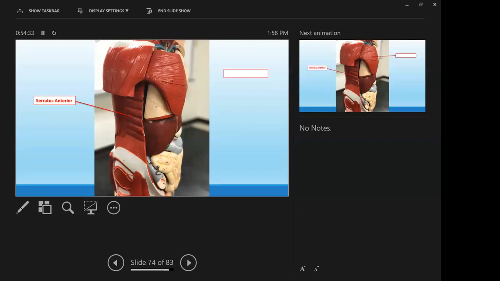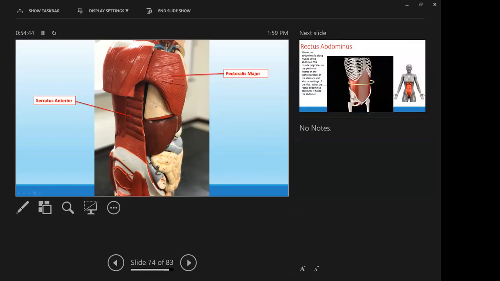Those kinds of actions, the power behind the hand and the arm and the fist, are directed by the serratus anterior. There's the pectoralis major. And this little section right here is probably the pectoralis minor, you see.